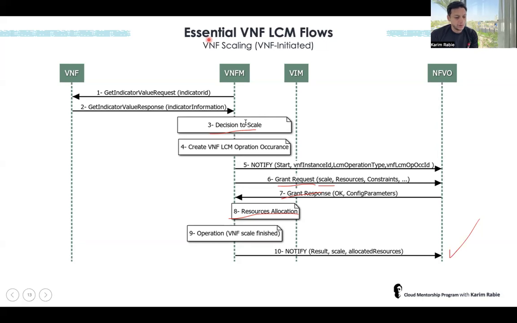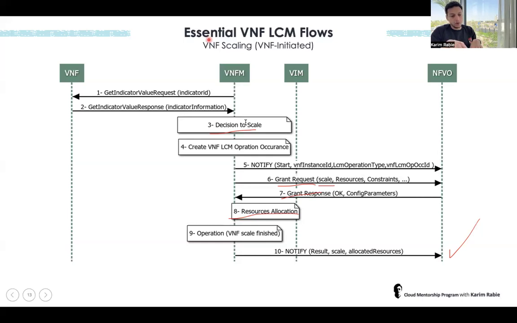And then a question from Philo: how does the VNFD scaling flow handle situations where the VNF needs to be scaled out, but there are not enough available resources on the cloud platform? So simply, if the NFVO believes that there are no resources in data center 5, it can recommend to the VNFM that, you know what, you can go to data center 6, 7, 8, 9, 10.